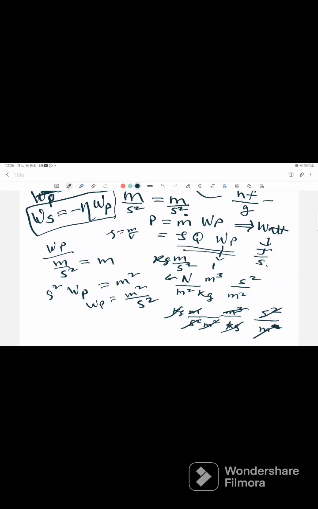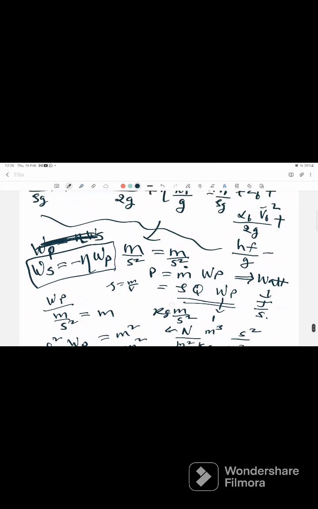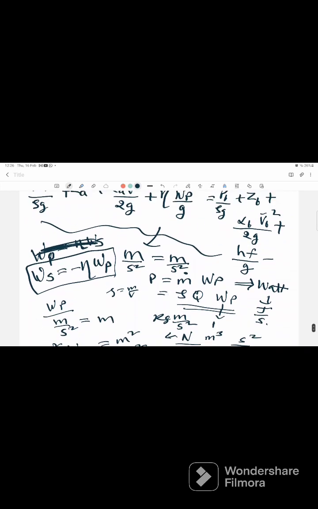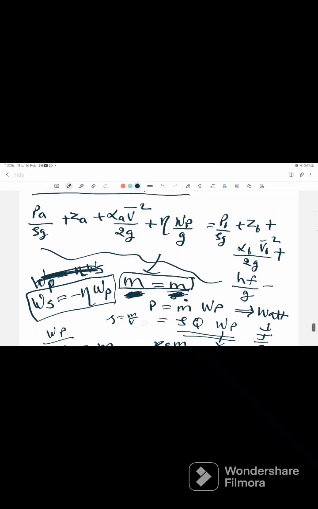G is meter per second square, so this is meter, sorry, this is in meter only, you can see directly from this term is in meter, okay.